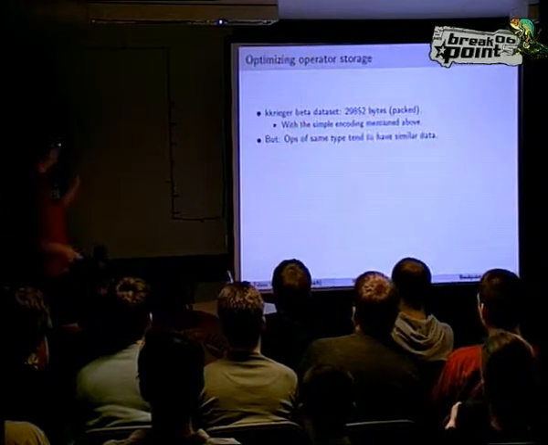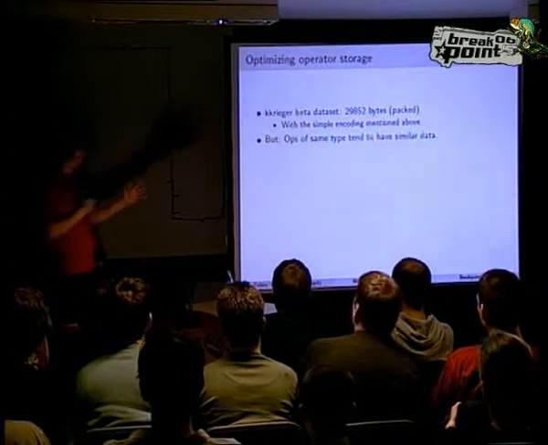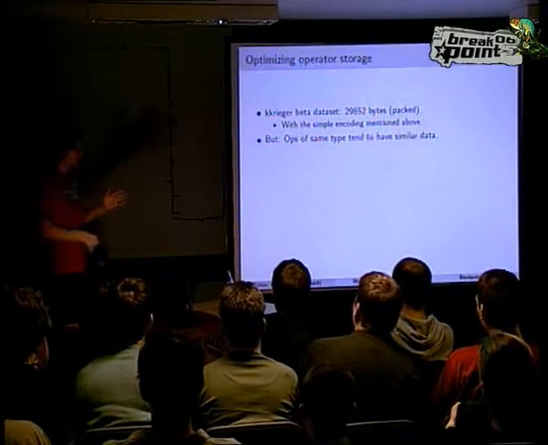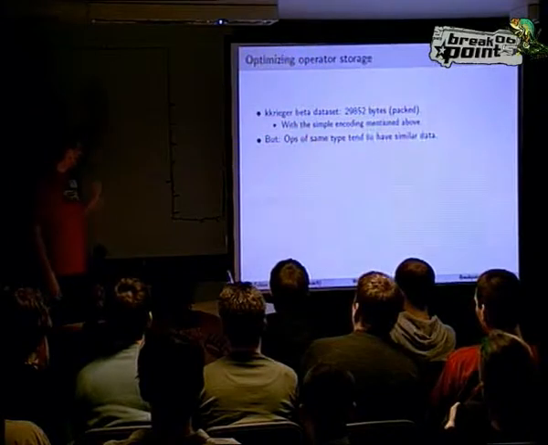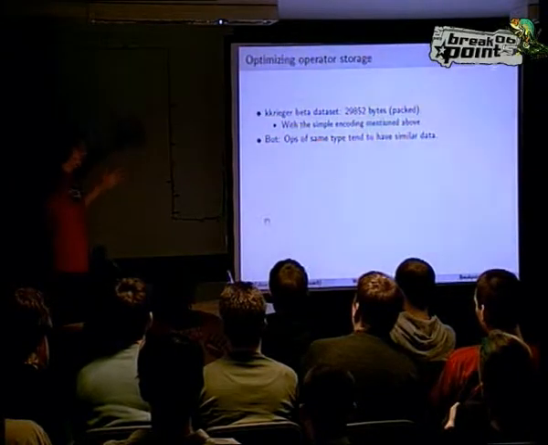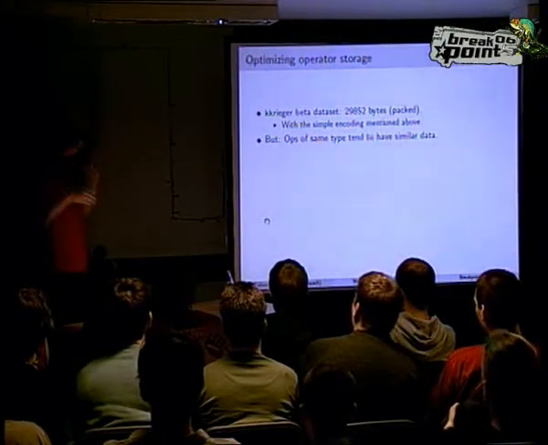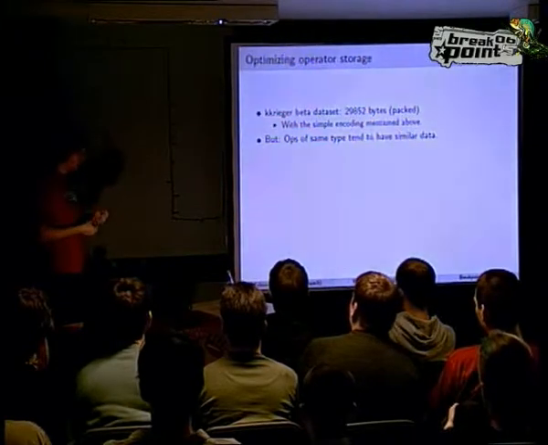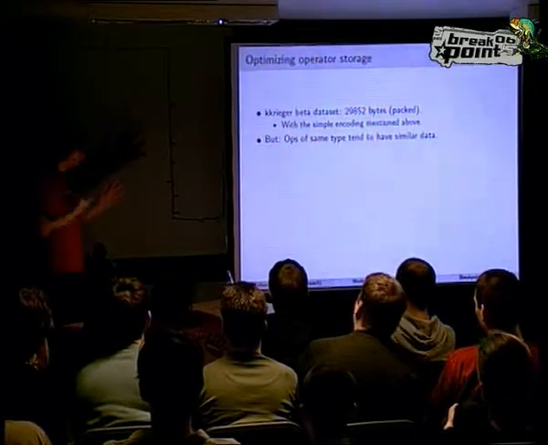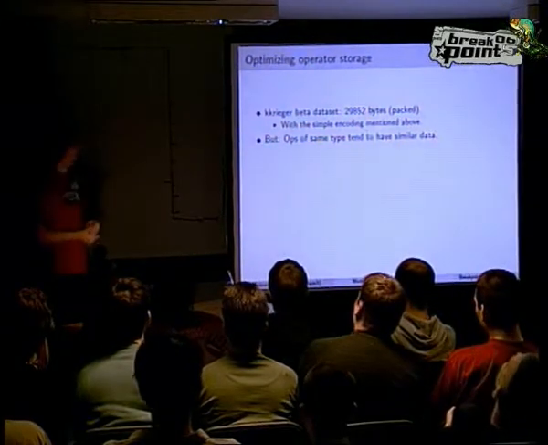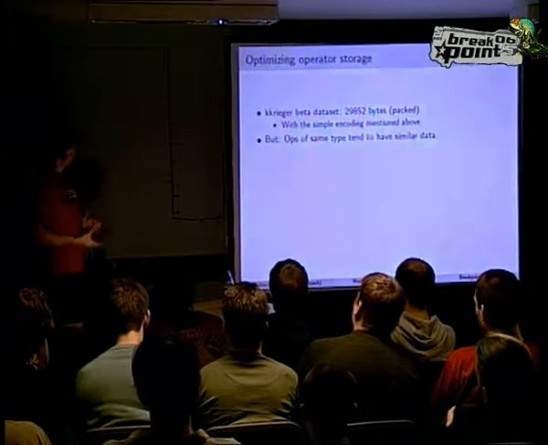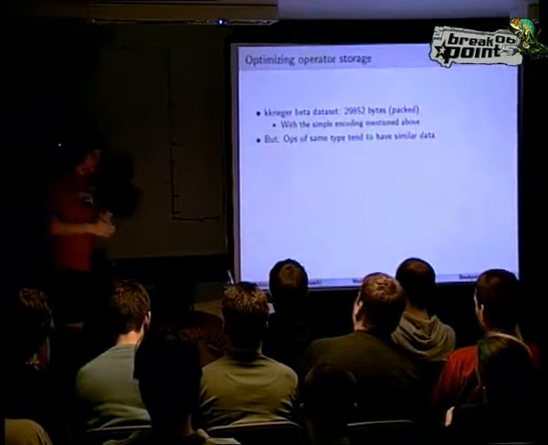But a fact is that, again, operators of the same type, like most cubes, have a very similar setup because certain parameters like tessellation you usually don't change. You want those in any way because some cubes need a special tessellation, but a lot of cubes will simply be 1 by 1 by 1 faces and that kind of stuff. So operators of the same type tend to have similar data.